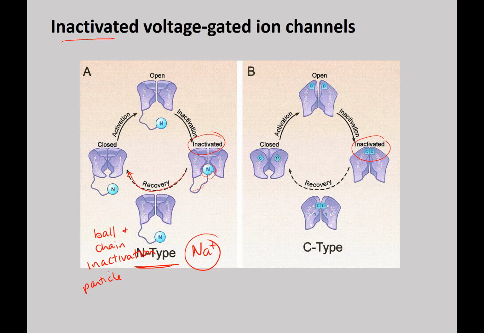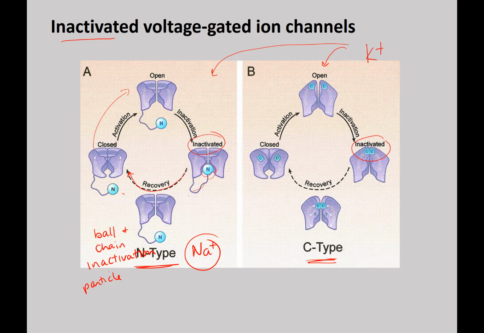Okay? And until that comes back out, the channel can't be open again. Potassium channels can be of either type, and your book doesn't go into this. I just want to let you know that potassium channels also go through a phase of inactivation.